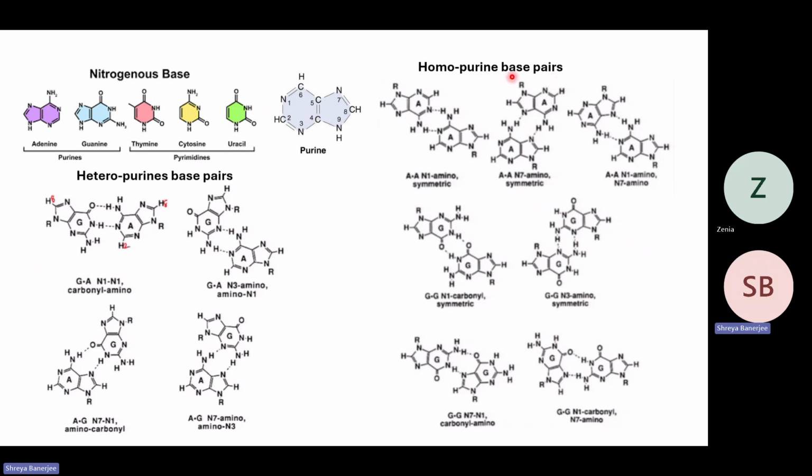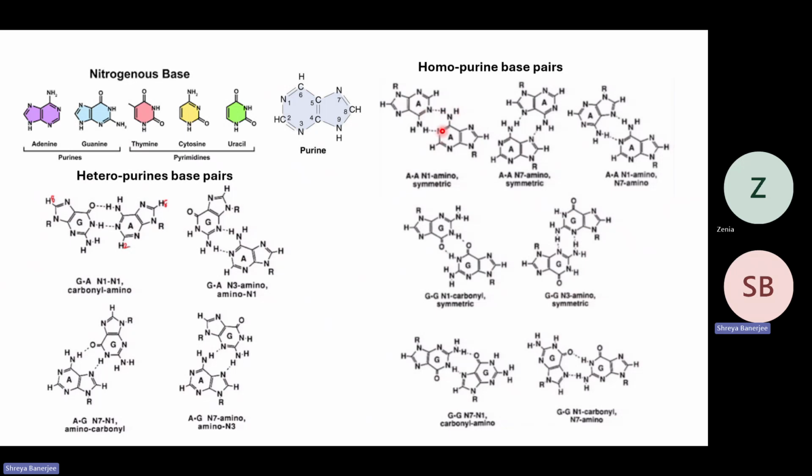Homopurine base pairs is basically adenine pairing with adenine. They are homopurine because they are the same base, and adenine is a purine because it has a fused 6 and 5-membered ring. So it is called AA N1 amino because N1 of one is pairing with the amino of the other.